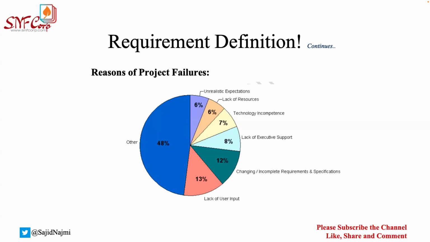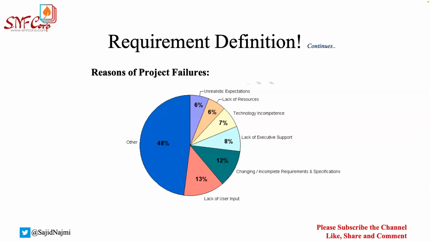Probably if we try to do those things, we will fail. This may not be the perfect example, but try to understand it this way. You need to be updating your skills, and the company needs to be updating their technology competencies as per the market needs and standards. So 7% of project failures happen because of technology incompetencies.